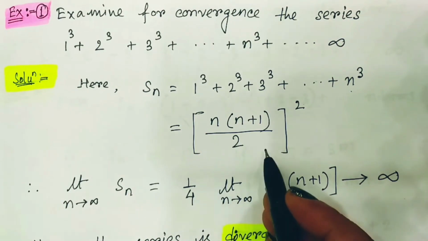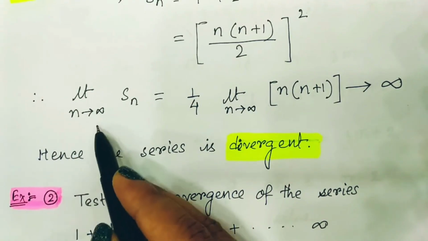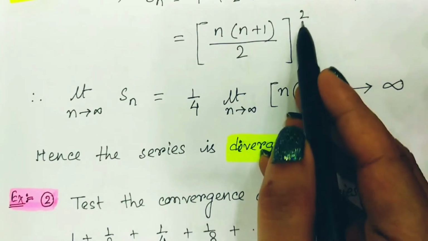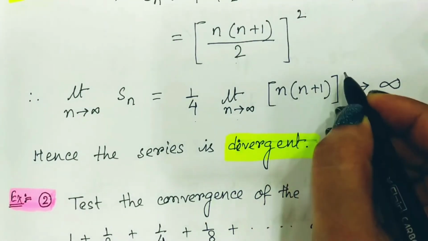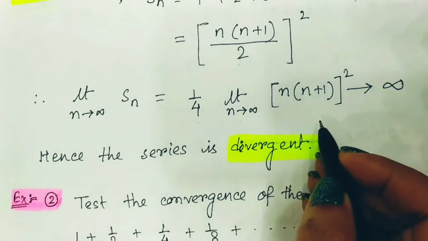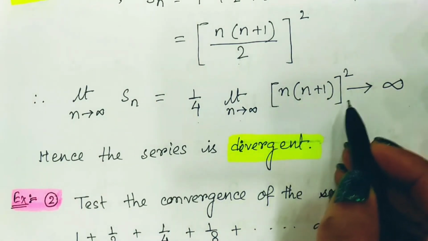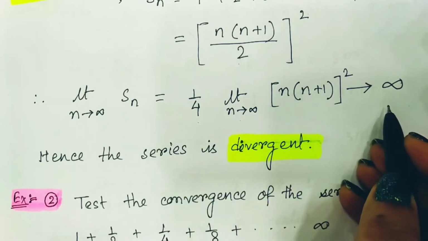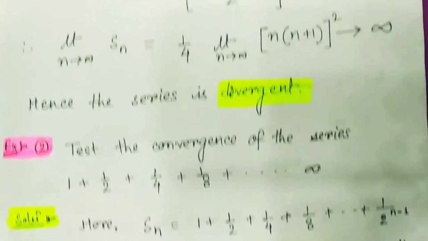Now, if we take the limit on both sides, what do we find? The limit of Sn as n tends to infinity is equal to 1 upon 4 times the limit of this part, if we take the 1 by 4 outside. Now if we simplify this, as n tends to infinity, obviously this part goes towards infinity. As this limiting value goes towards infinity, we can say the given series is divergent.